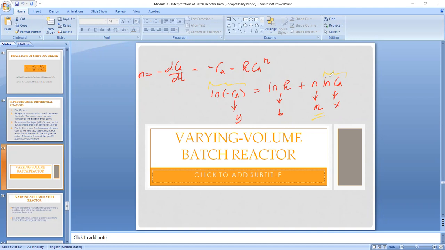I'll just get the LN first of my rates, which are the slopes of the lines, as I've discussed a while ago. Then I get the LN of my CAs. Then I can get already the slope of my best fit line. Automatically, the slope gives me the N. And if I get the y-intercept from my linear regression, from that, I can get the value of the rate constant. So there's no more guessing and testing in this case.